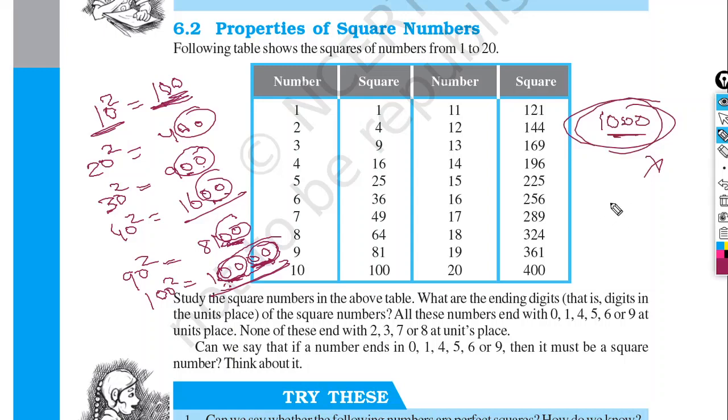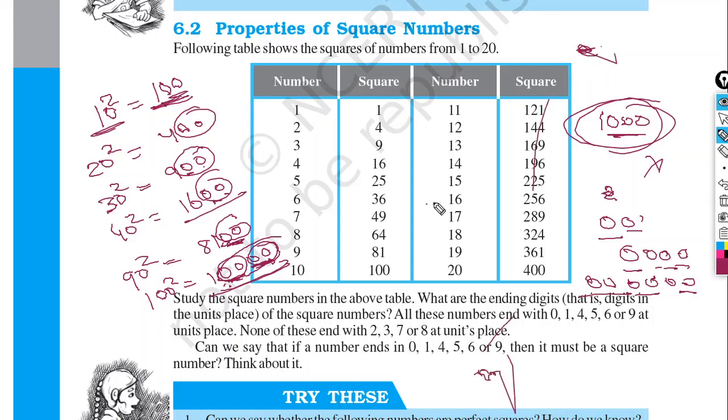Okay, so in order to be a square number, a number should have at least 2 zeros, that means 00 at the 1 place and 10 place, or 4 zeros at the 1, 10, 100 and 1000 place, or 6 zeros, or in other words we can say an even number of zeros. Even number of zeros.